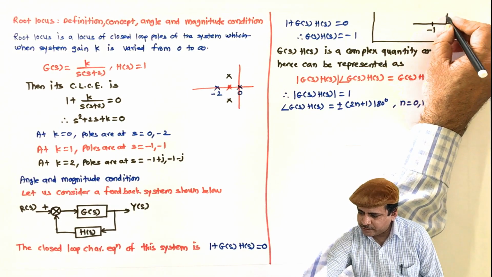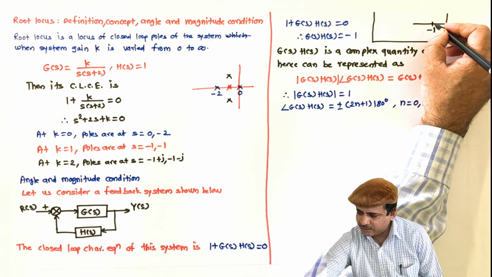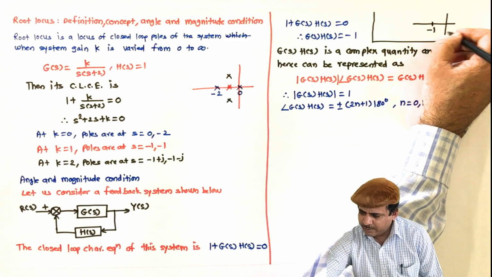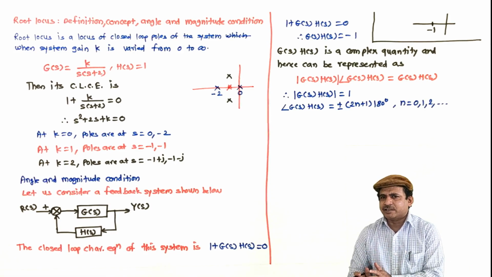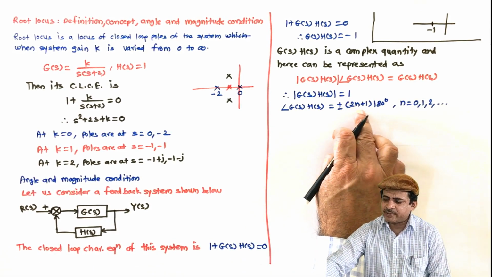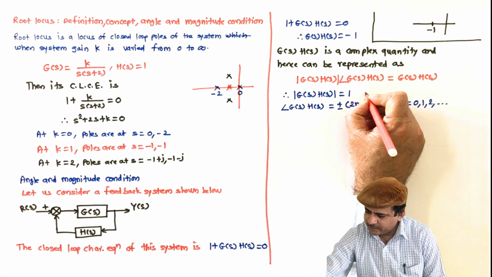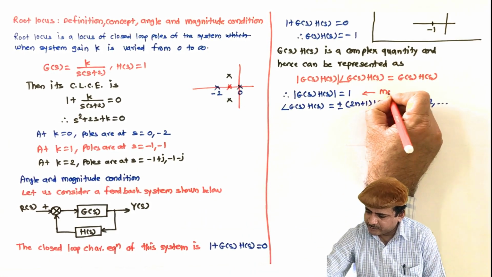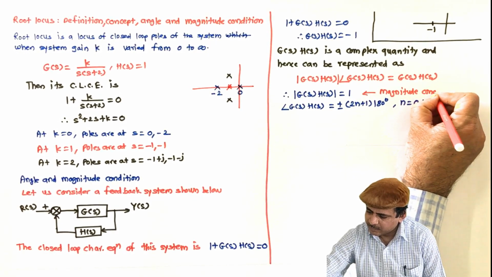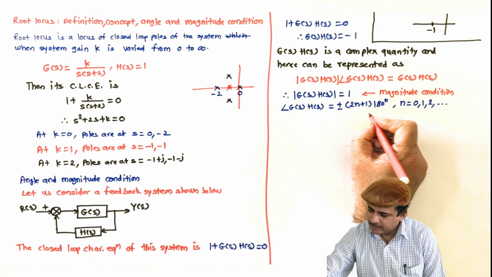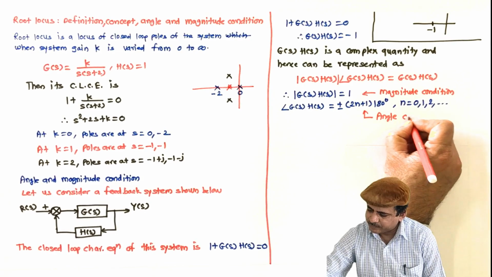Also after one rotation, it becomes 540. With another rotation, it becomes 900, and so on. If we go in the negative direction, it is minus 180, minus 540, minus 900 and so on. These are obtained by this formula. So this one is the magnitude condition, and the second one is the angle condition or phase condition.